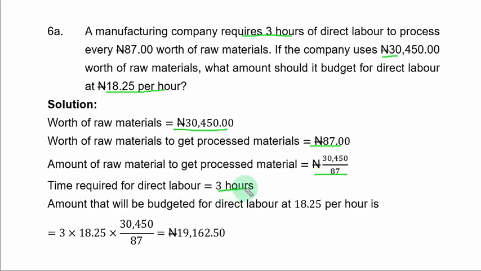So the amount that will be budgeted for direct labor at 18 naira 25 kobo per hour is simply the time times the amount times the other amount, which is this. If you simplify, you have 19,162 naira 50 kobo.